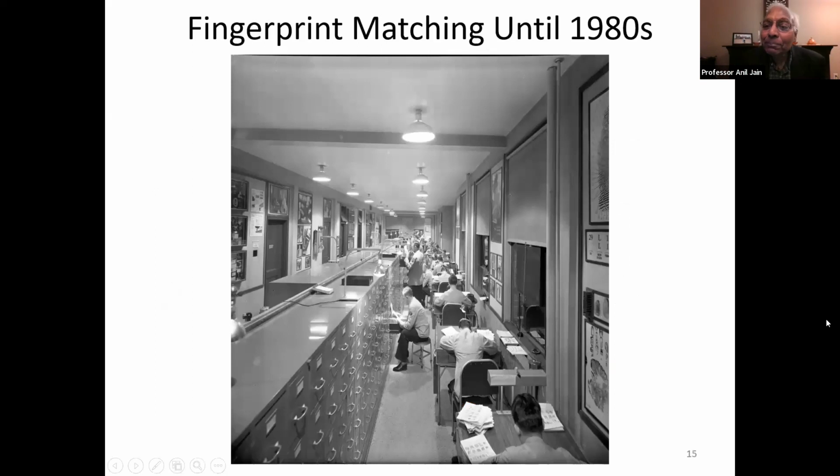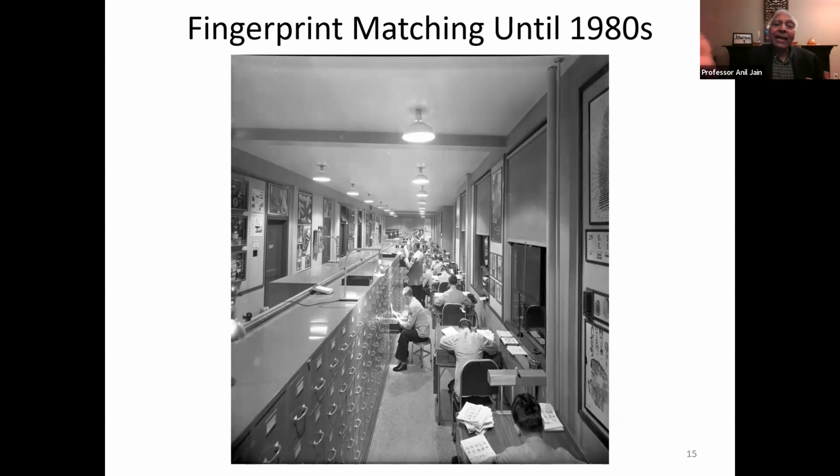So how was fingerprint matching done before the computers were there? I visited this center in the 1970s, the Michigan State Police Bureau of Fingerprinting. The first automated fingerprint matching systems, or AFIS, didn't come until the early 1980s. And this picture is dated 1960.